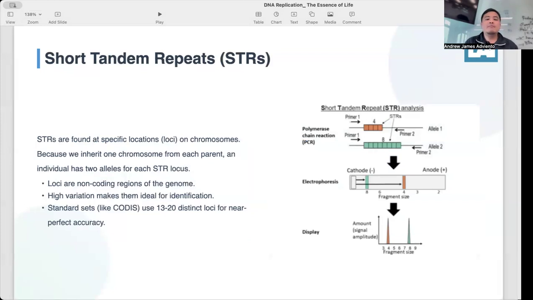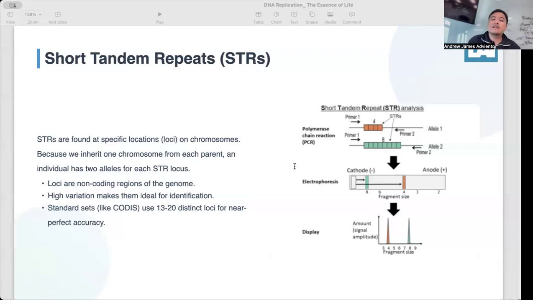So short tandem repeats, or STRs, are like a stutter in the genetic code. So imagine the sequence GATA repeating over and over. So I might have 5 repeats, but you might have 12.